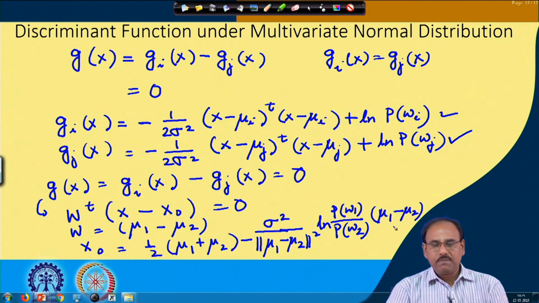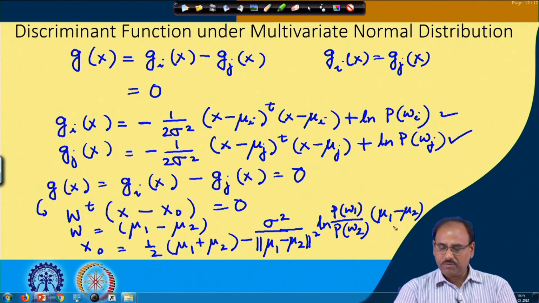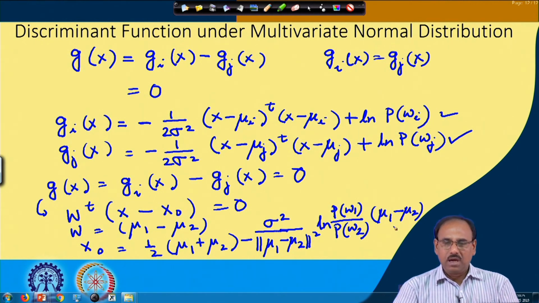This is the expression that I will get for the boundary between the two different classes. I will derive the expression of this boundary under this simplified case in our next lecture. Thank you.